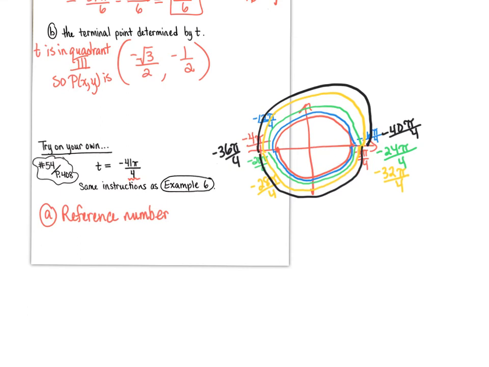Negative 41 pi over 4 is going to belong to quadrant 4. But then, because we want the one closest to the x-axis, the shortest distance, we want the reference angle for that. That's going to be what? Your reference number comes from quadrant 1. What would that be?